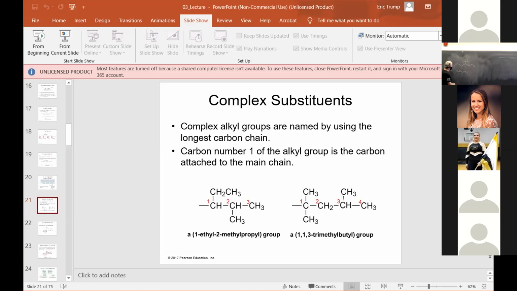Okay, so there's a propyl group. And this propyl group has 3 methyls, so it would be 2,2-dimethylpropyl, trimethylpropyl in parentheses. Okay, so all that goes in parentheses.